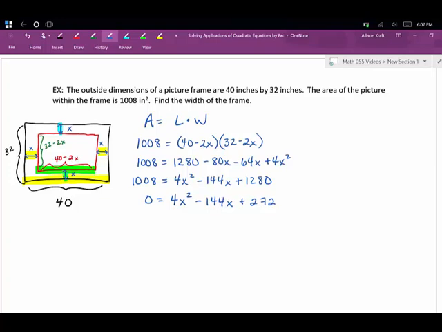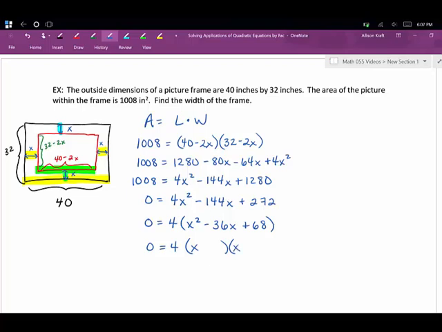We're ready to factor. I recognize that I have a greatest common factor of 4. Factoring that out, we're left with x squared minus 36x plus 68. We're left with a quadratic trinomial with a leading coefficient of 1. To factor this, I can go straight to the parentheses.